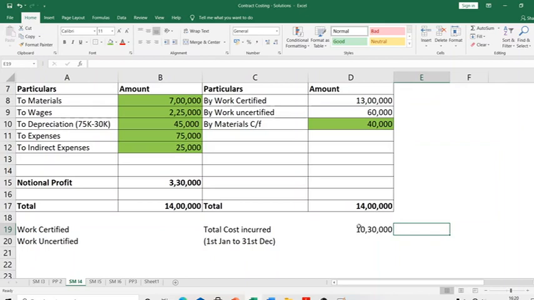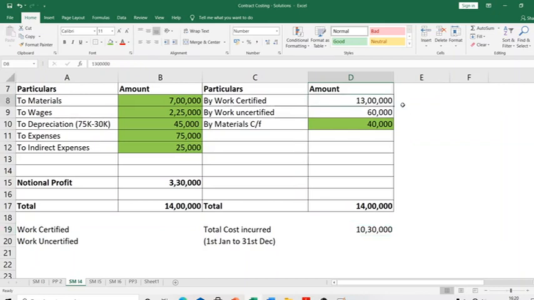That means you are not following the matching principle, which says incur cost only to the extent revenue is recognized. Only when revenue for that cost is recognized, you recognize cost also, right? That will go for a toss if you allow the entire 10,30,000 to be there in your contract account, because part of this is for work done in the last month for which revenue has not been taken.